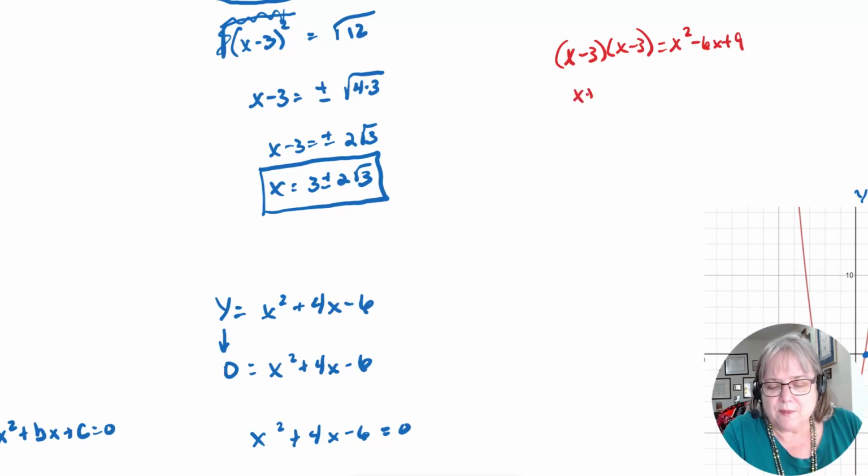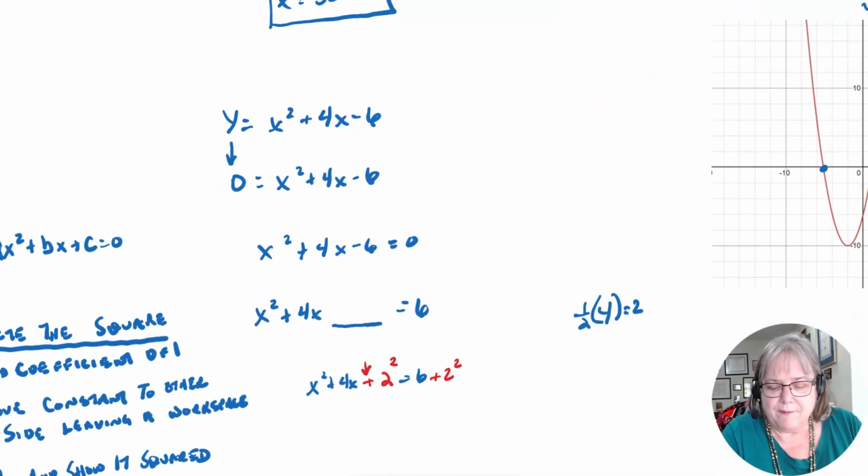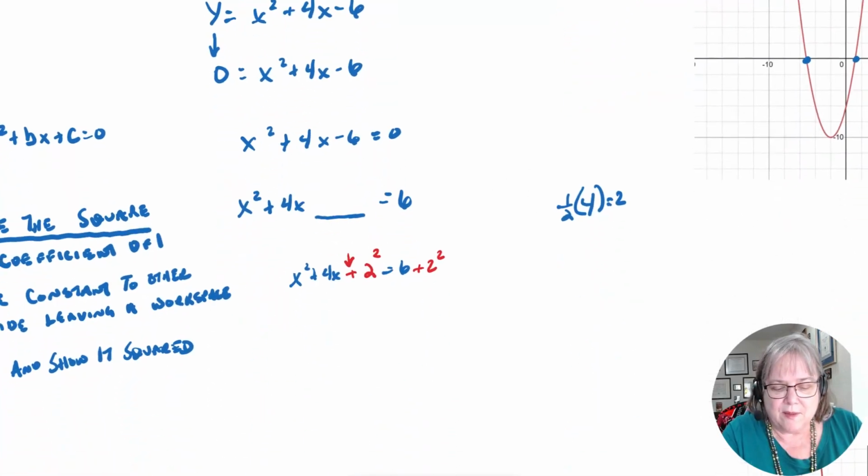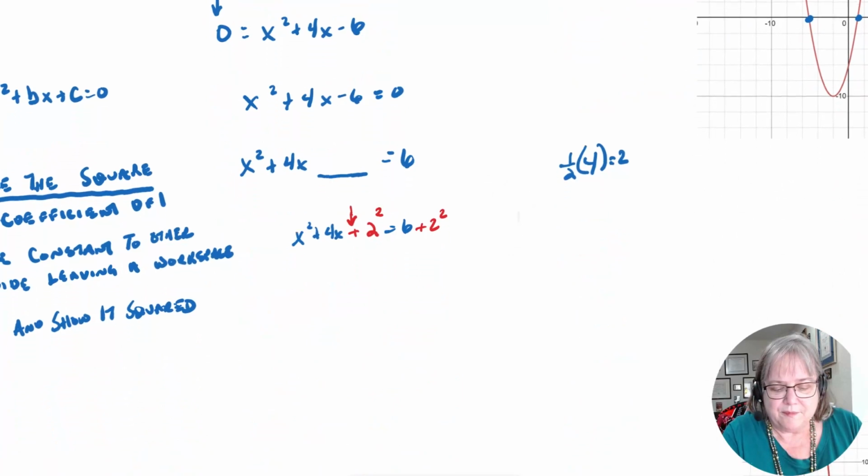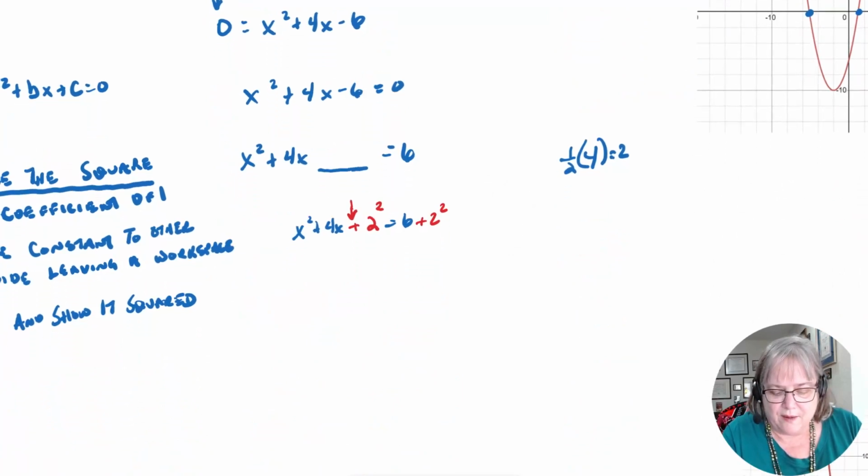If you have x plus 3 times x plus 3, it's x squared plus 6x plus 9. So this is always positive, all right? So this is always going to be positive right there. All right, now this right here actually completes the square, but you haven't shown it to me yet.